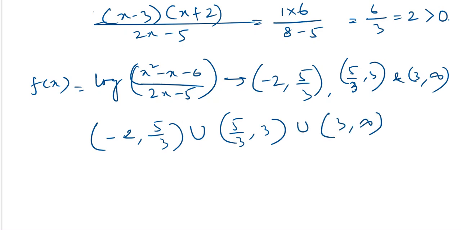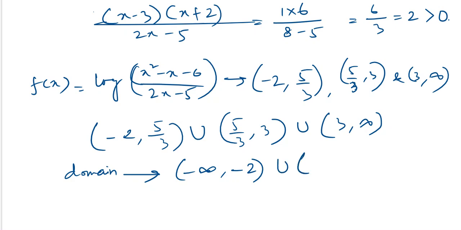However, considering the relevant intervals excluding zero crossing, what will be the domain? Minus infinity to minus 2 union 5 by 2 comma infinity.